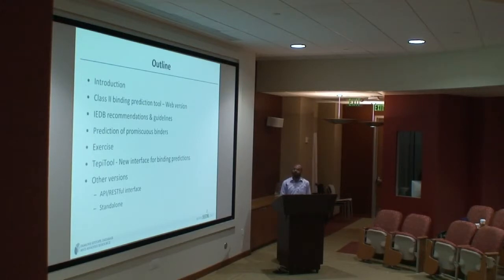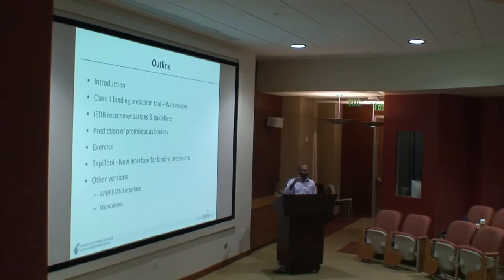All right, so here's a brief outline. I'll start with a brief introduction, and we'll go in detail on the Class II binding prediction tool, the web version. We have different versions, so we'll go in detail on the web version. Then along the way, just like Sandeep did, I will give the different IEDB recommendations and guidelines on selecting the top binders. And I will also go through how you can predict promiscuous binders, and why we should be doing that.